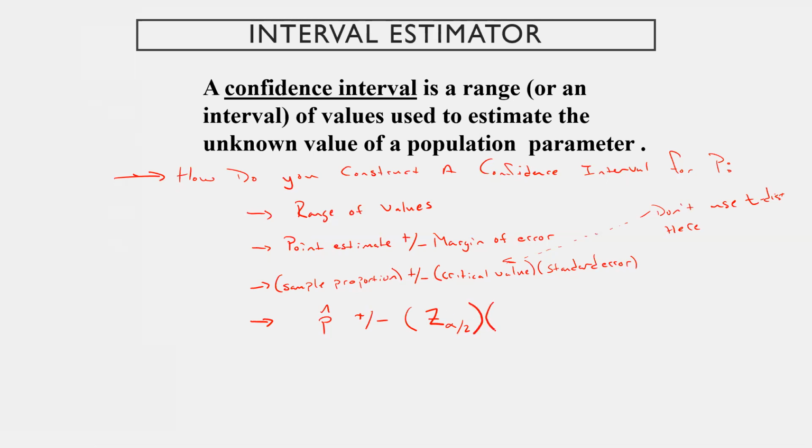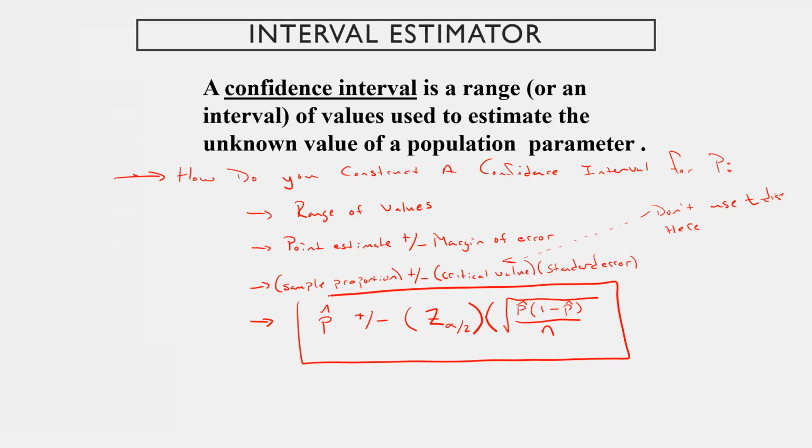And I'll show you how to find this very easily. The standard error is simply the square root of P hat times 1 minus P hat over N. And this is our confidence interval formula.